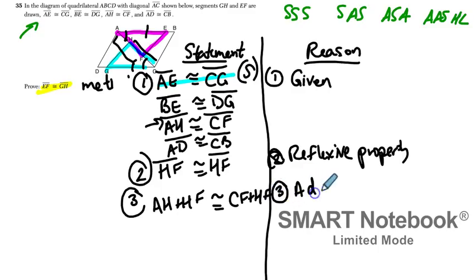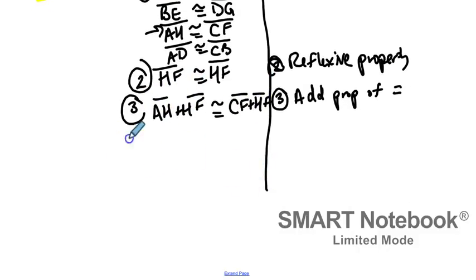That's the addition property of equality. Stretching it a little bit because I'm really talking about congruency, but I think that my steps are justified.